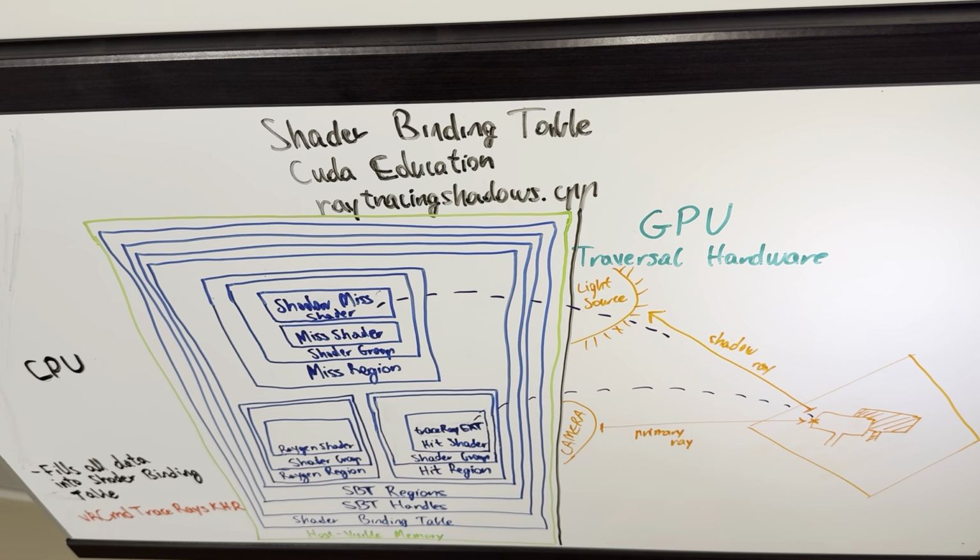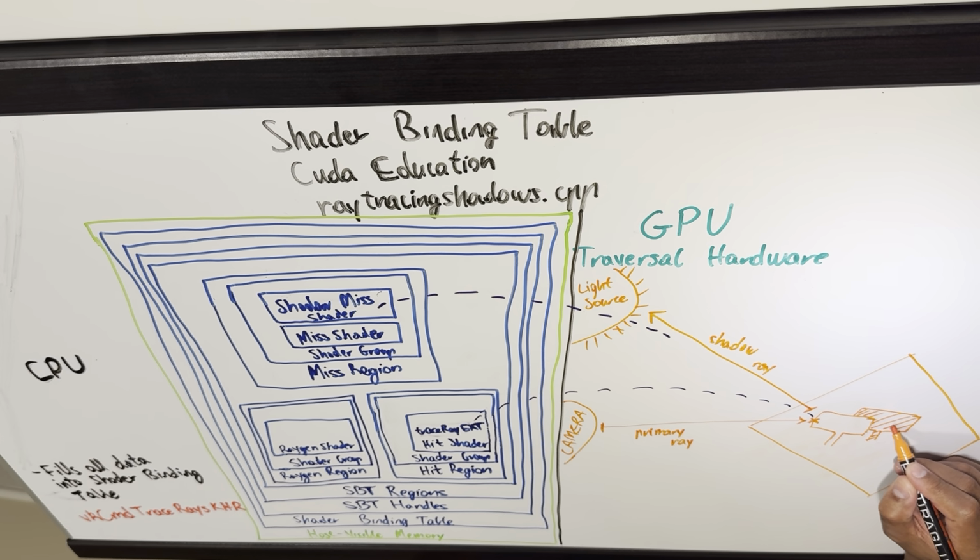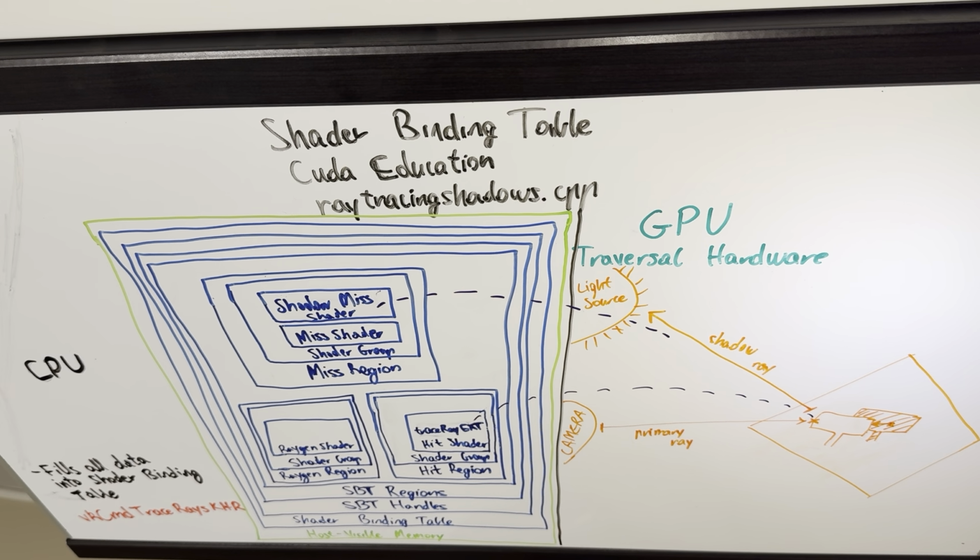At this point, we're going to have a hit, but you're going to see that the shadow test ray fails here.